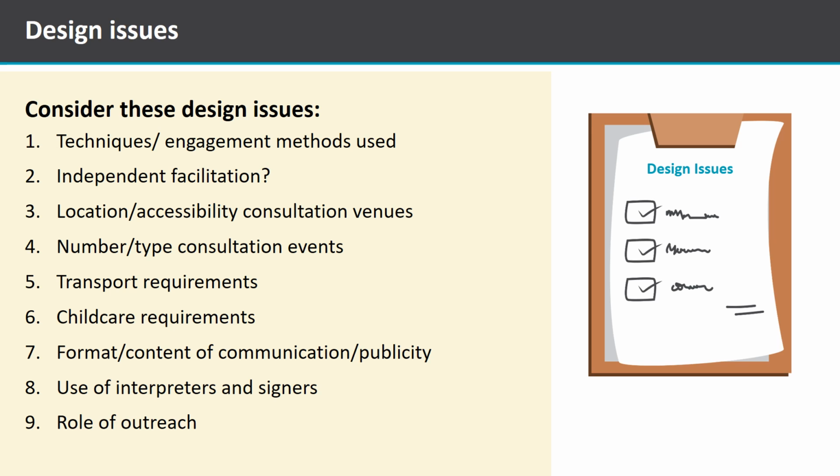Access and transportation requirements, childcare, vulnerable adult, etc. requirements, the format and the content of the communication and the publicity to be used. There may be a need to use interpreters and signers, and the role of outreach. These are just 9 of many factors that need to be considered in the design stage.